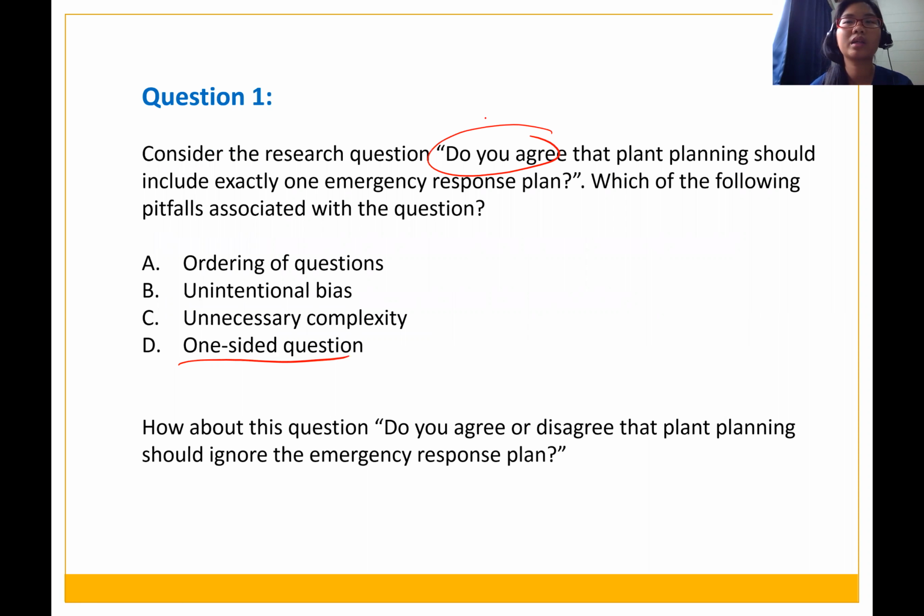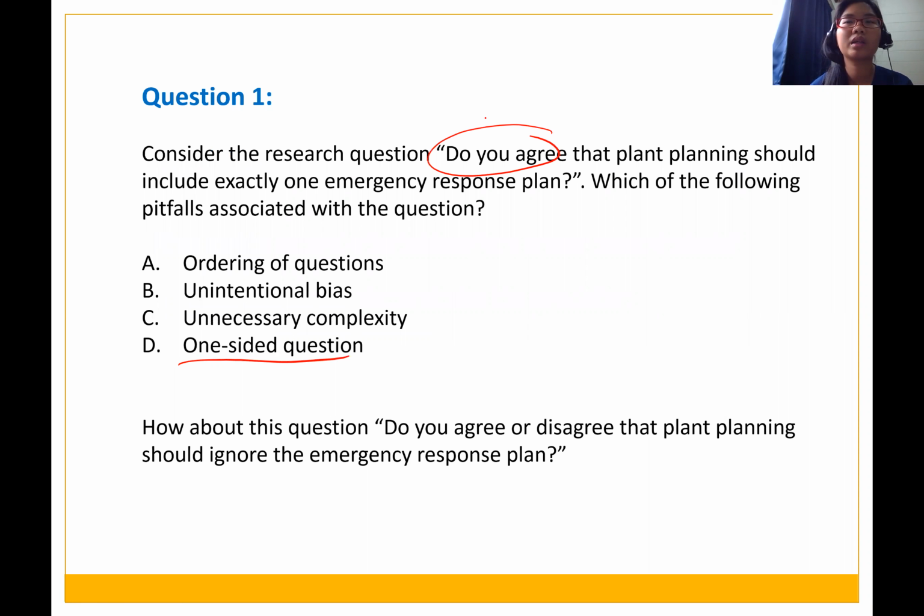The reason that it's not A, ordering of questions, is that there are no other choices except for just planned planning should include exactly one emergency plan. They don't say "or something." So there is no ordering of questions. Unintentional bias: actually, there is an unintentional bias, but it's not the most important thing here.